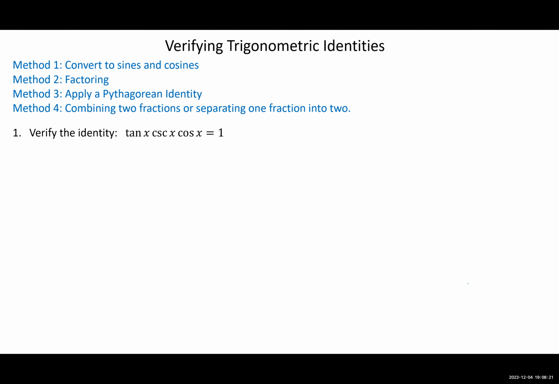So let's look at the first one. We're starting off with an easy one relative to all the other problems of this type. Verify identities. This one's pretty straightforward. So we're going to treat this like a question mark. We're going to start with one side of the equation.